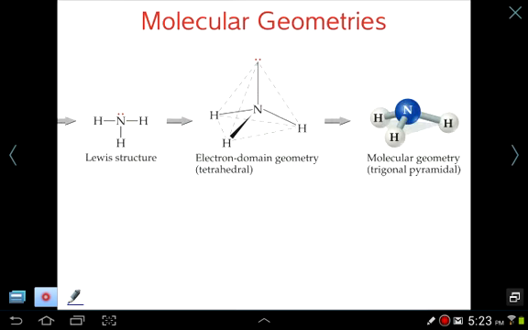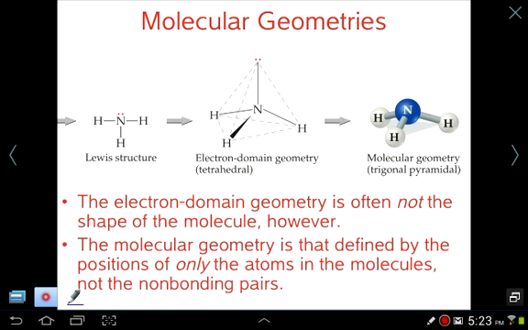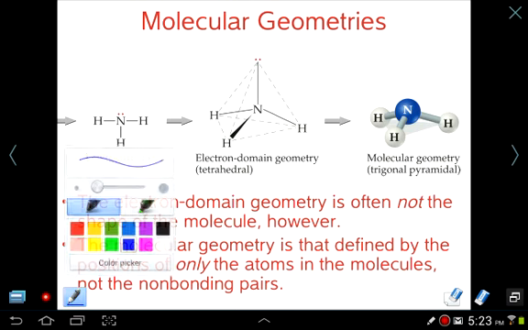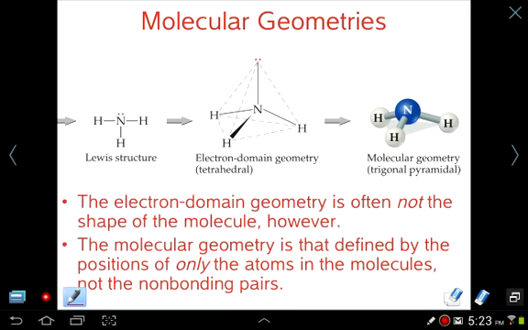So once we see the electron domain geometry, which we decided was tetrahedral, then we'll have to take a look at the molecular geometry. Since there is a pair of electrons situated on the top, this pair of electrons, because it creates a cloud of negative charge, will repel these bonded pairs of electrons, which also recall are clouds of negative charge.